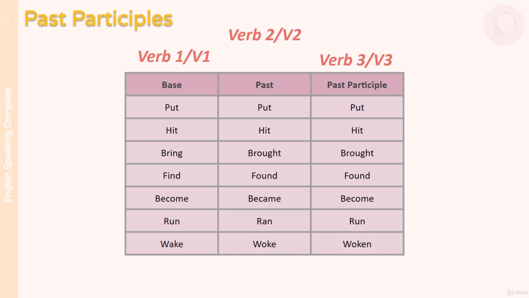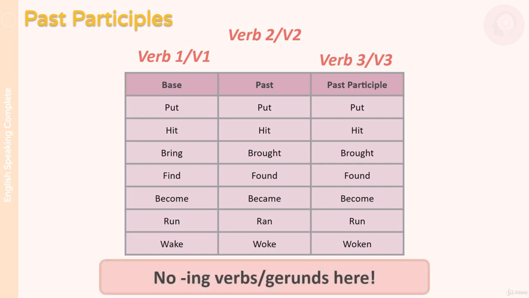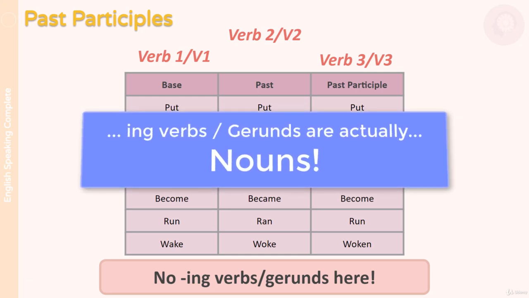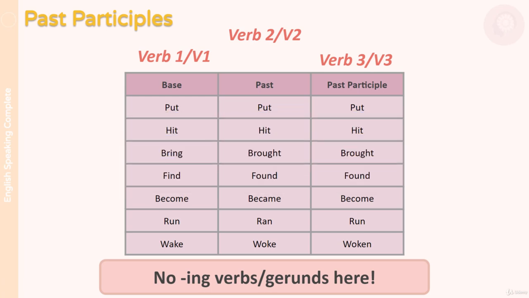Okay, one thing you may be saying to yourself, David, where is the ing verb, the gerund? Well, it's not actually in this table, and that's because ing verbs, gerunds, are actually nouns. Really important to note. These ing verbs, as sometimes I call them, are actually nouns when we use them, and they're really important in different tenses too.